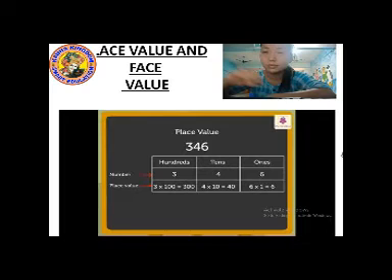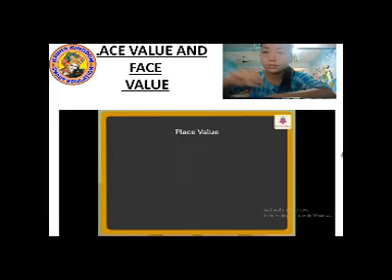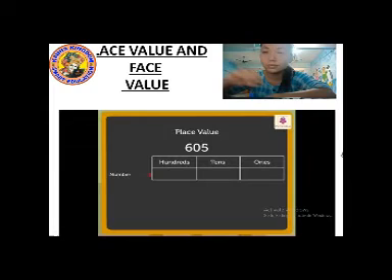Now let's try to solve one more example. Number 605. Let us place each number in its respective column. So, number 6 goes in the hundreds column, number 0 in the tens column, and number 5 in the ones column.